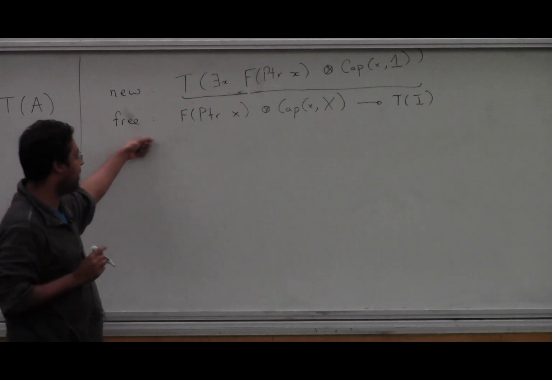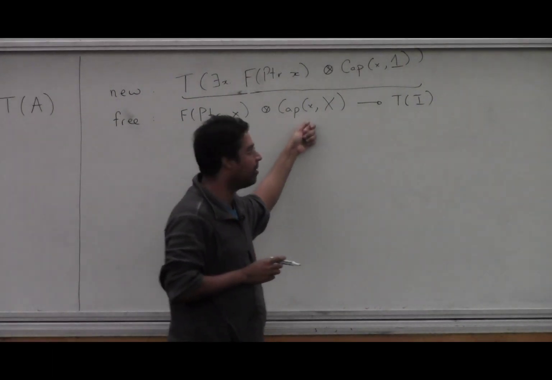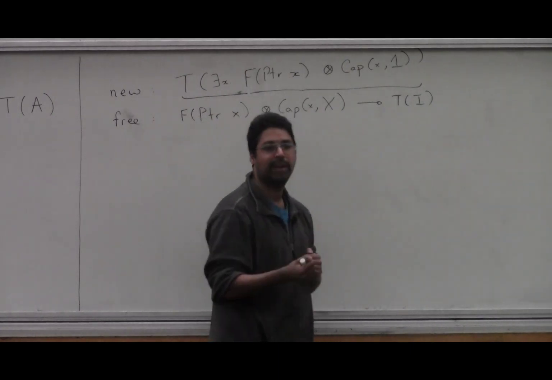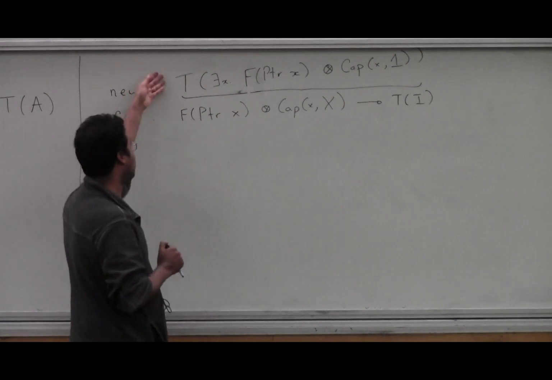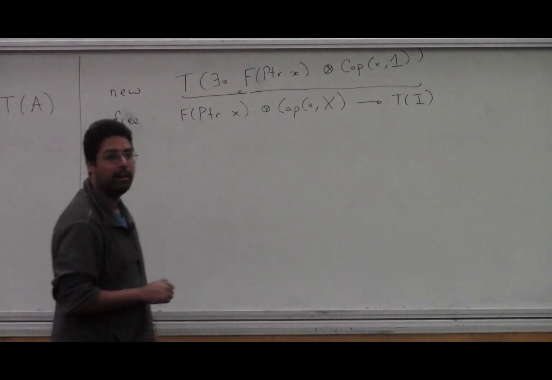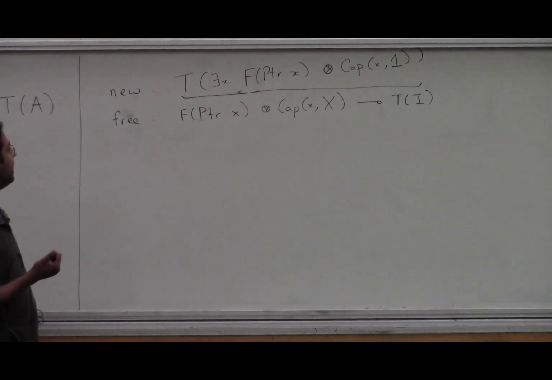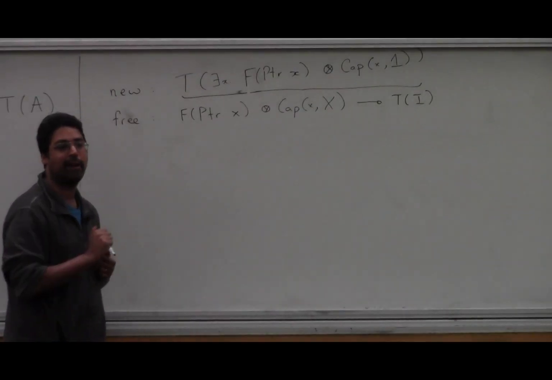So if you give free a pointer and the capability to access that piece of memory, it'll perform a computation that gives you nothing. It's consumed the capability in just the same way that new has created a capability. If you like, you can think of new as taking something from the free list, and free will put it back onto the free list.